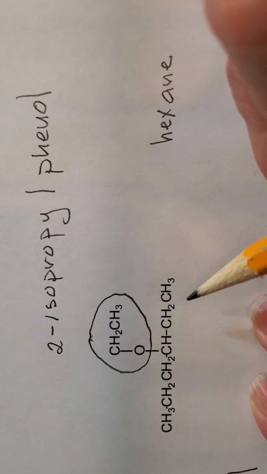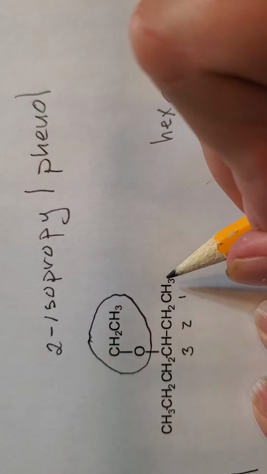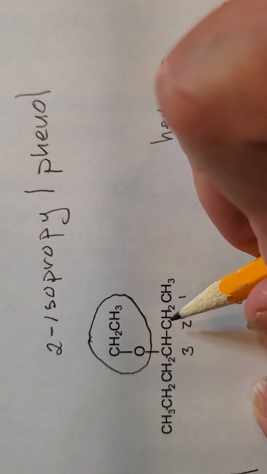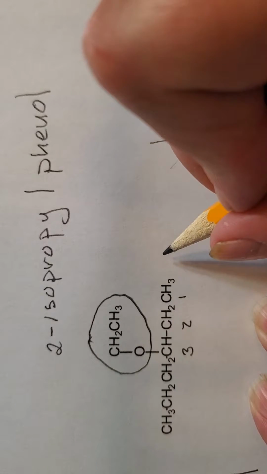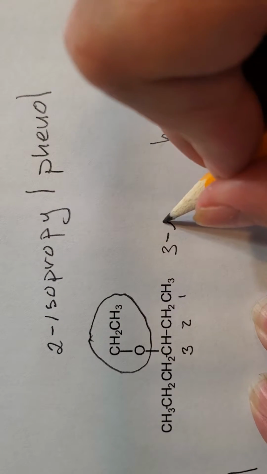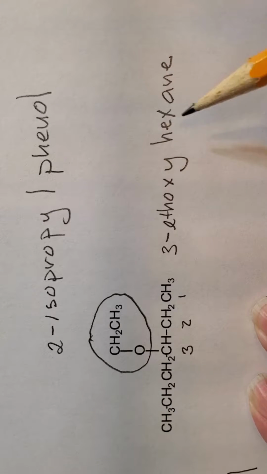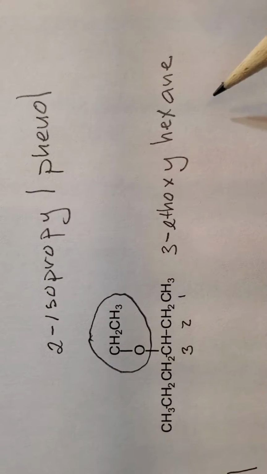Here is the substituent group, and it's on carbon 1, 2, 3, and it's going to be on 3 whether we move in this direction or 1, 2, 3, 4. No, it would be 4. So it's 1, 2, 3. So this is going to be 3. This is ethyl, so it's ethoxy, hexane. 3-ethoxyhexane.